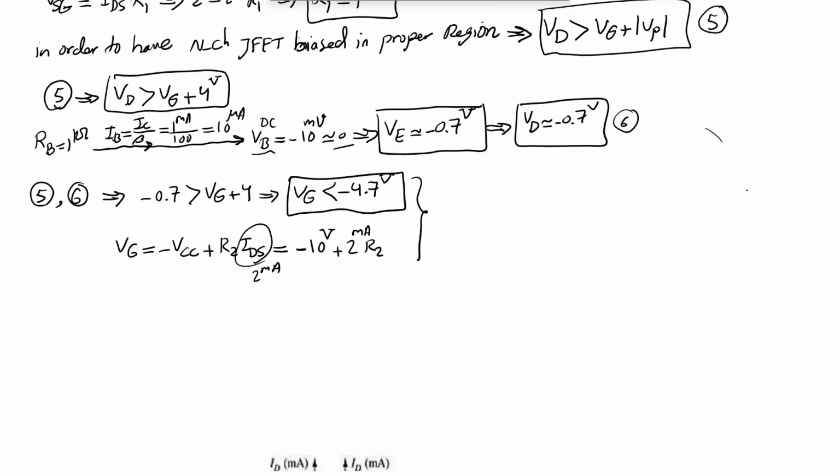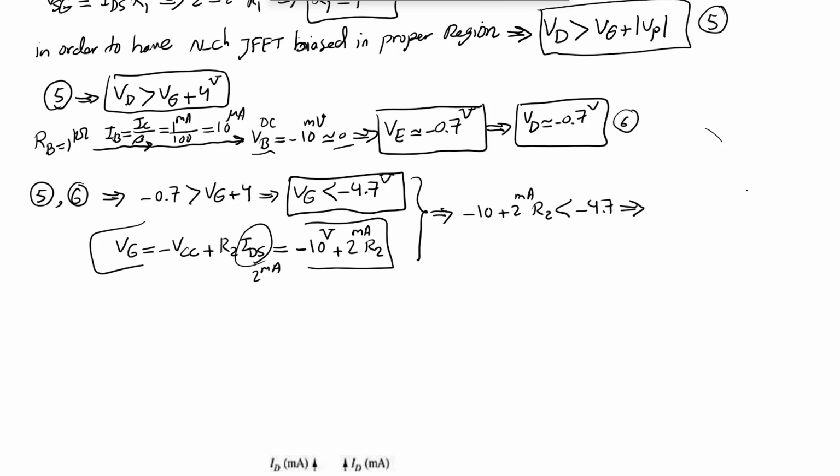And then combining these two, since I know VG should be less than -4.7, it means minus 10 plus 2 milliamp times R2 should be less than negative 4.7.